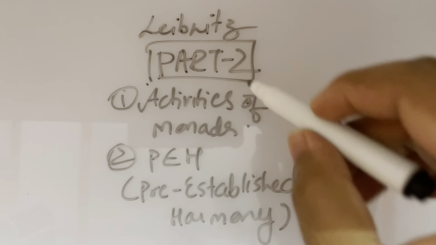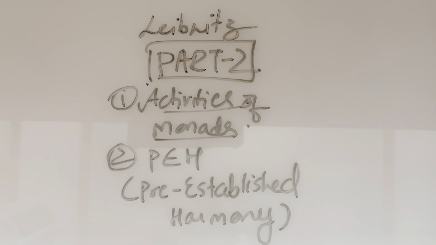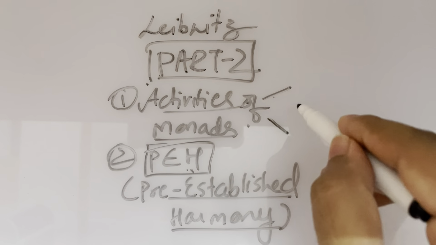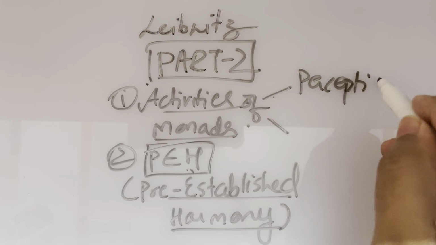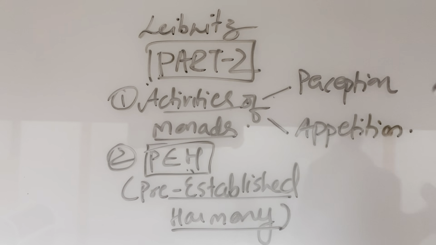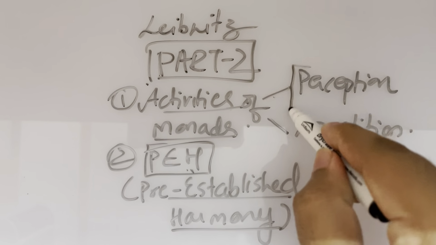Welcome back to part 2, and here we will explore activities of monads and the concept of pre-existing harmony, or pre-established harmony. Here we will explore two kinds of activities: perception and appetition. This basically forms the two types of activities of monads.